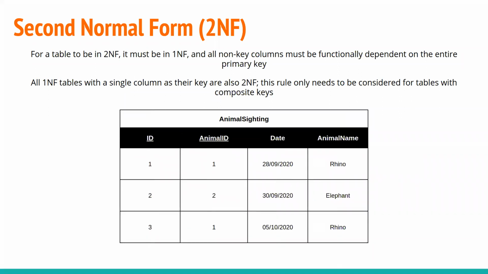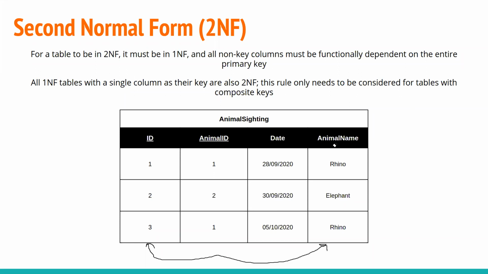The reason it's not in 2NF is because the animal name is not functionally dependent on the ID, similar to our book case. But again, this was defined with the composite key.